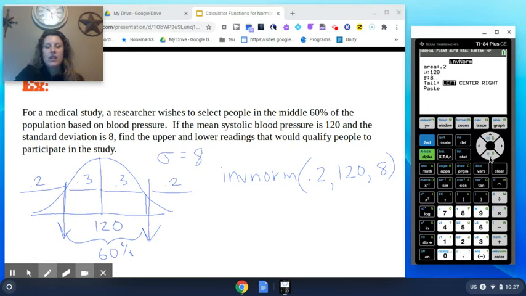Now, on this particular calculator, it is asking me, is that an area to the left? Is that an area in the center? Or is that an area in the right? If you do not have that little menu, the calculator defaults to area to the left. So that's why I'm showing this as area to the left here and not center or right.